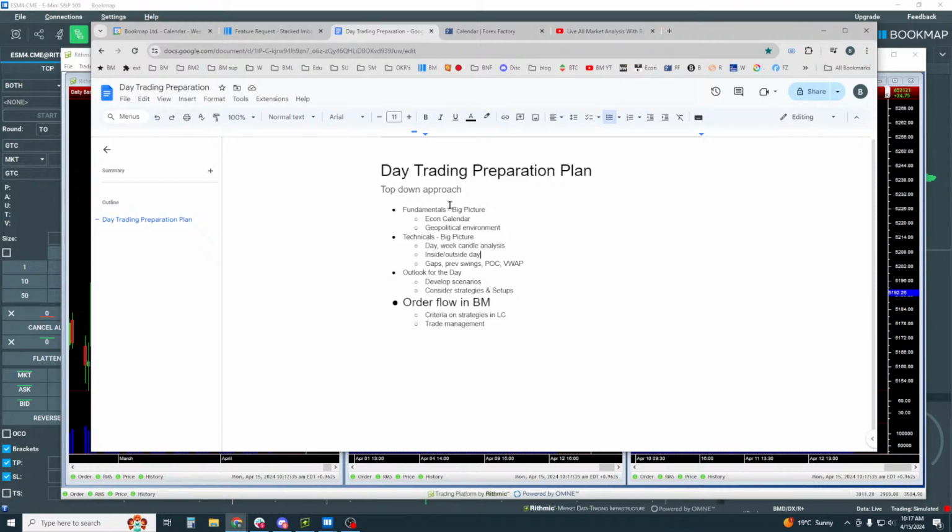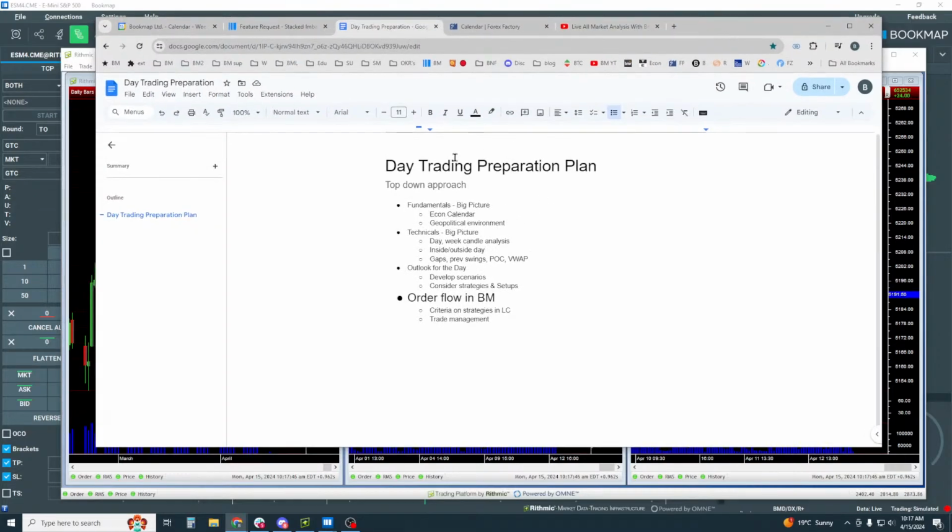Okay, this is really simple, and we want to keep it simple so we know our plan of attack every day. Okay, I don't know about you guys, but over the years, I have developed this plan so many times, and it gets really complex. That's what we want to avoid. Keep it simple. What are you looking at? What helps you understand the bigger picture?